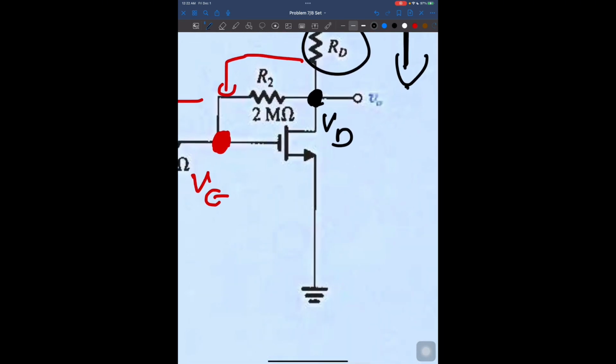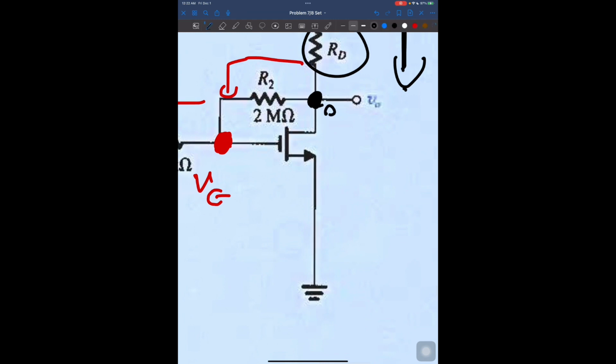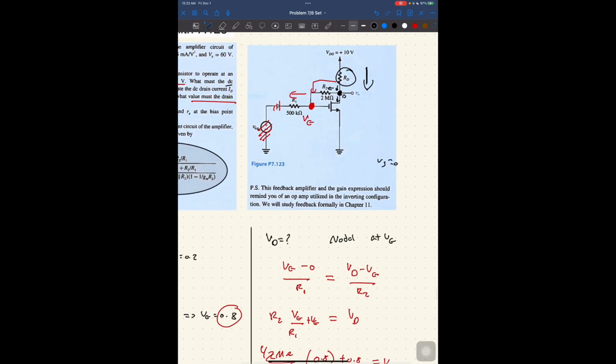So in essence, I'm saying that the current entering this node is equal to the current leaving this node, correct?